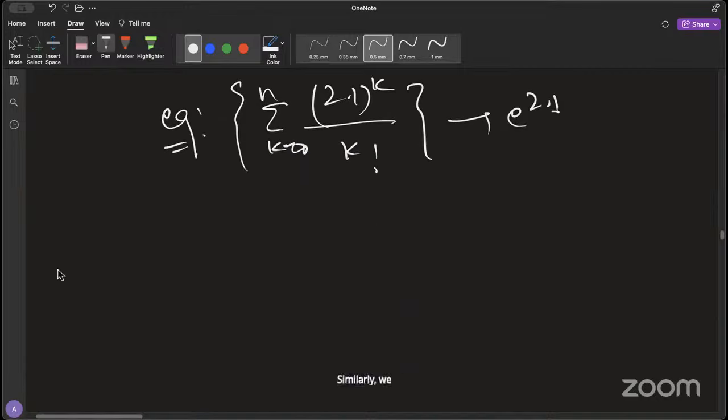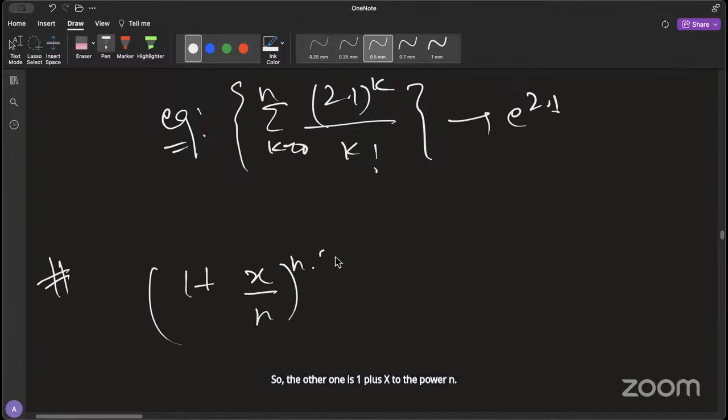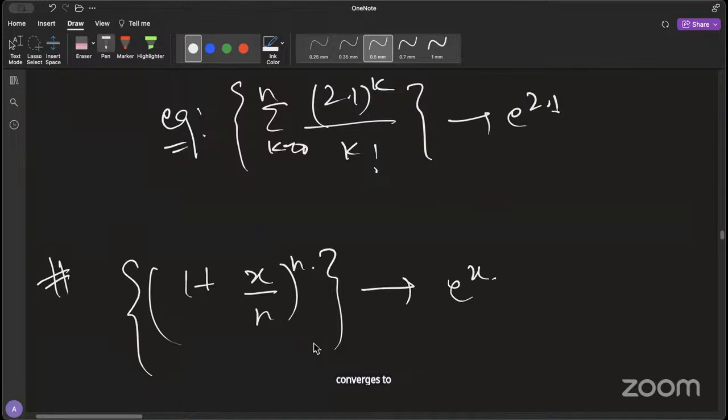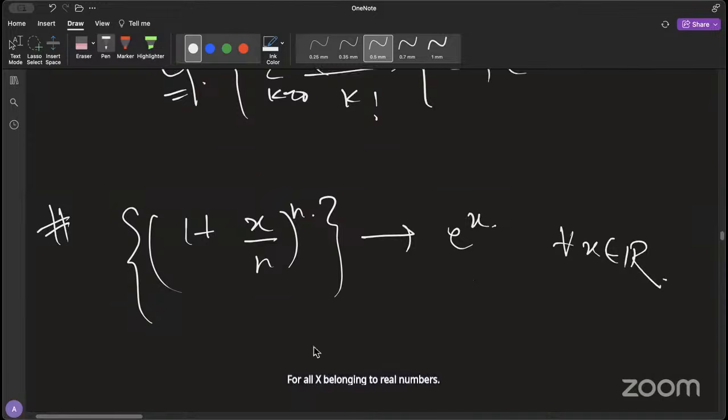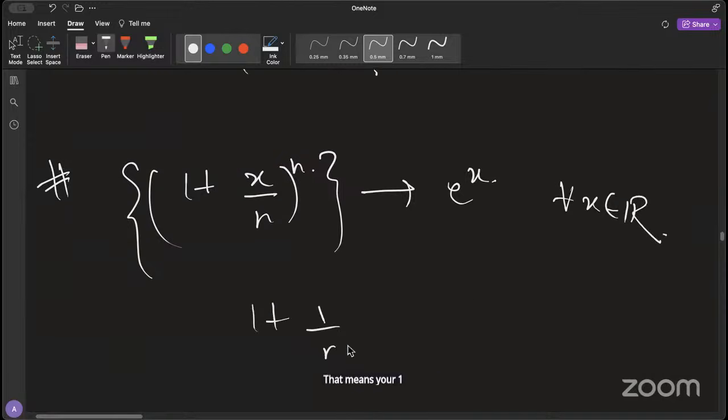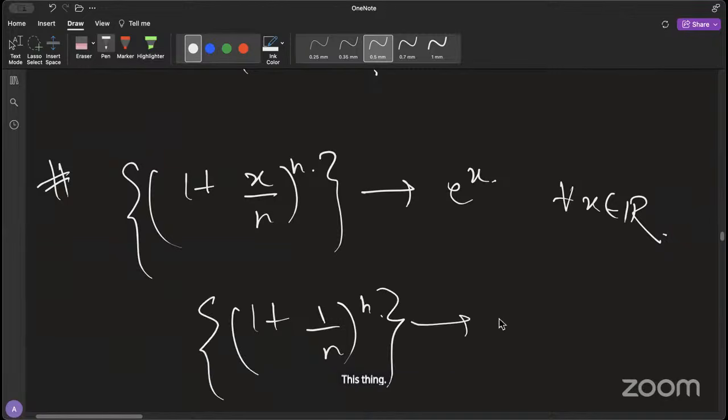Similarly, we have other things. The other one is (1 plus x by n) whole to the power n. This sequence also converges to e to the power x for all x belonging to real numbers. That means your (1 plus 1 by n) to the power n, this sequence converges to e to the power 1 or just e.